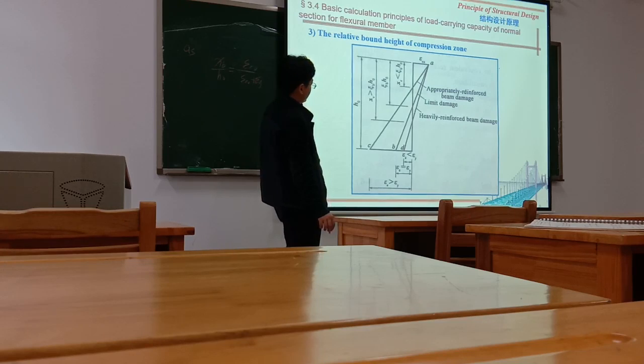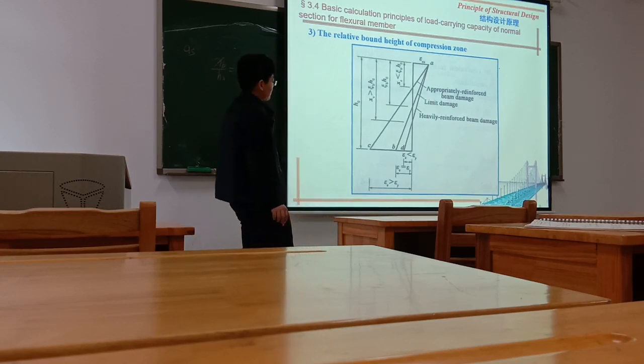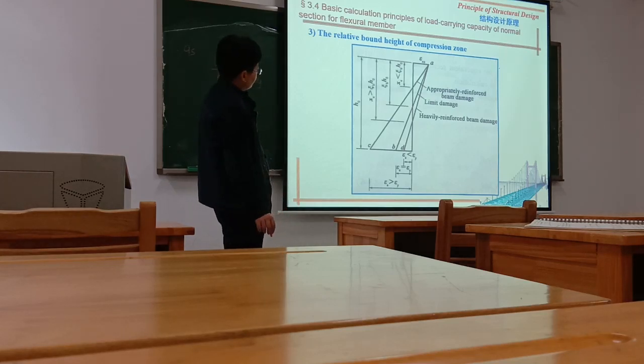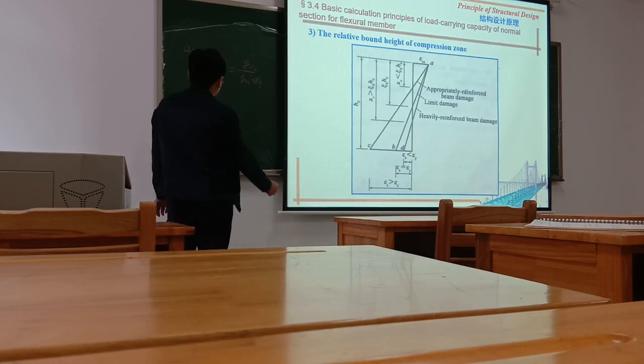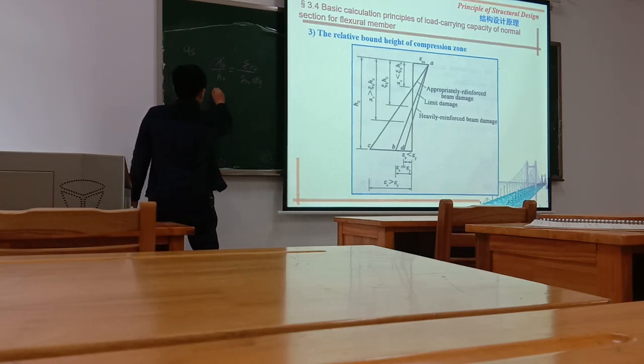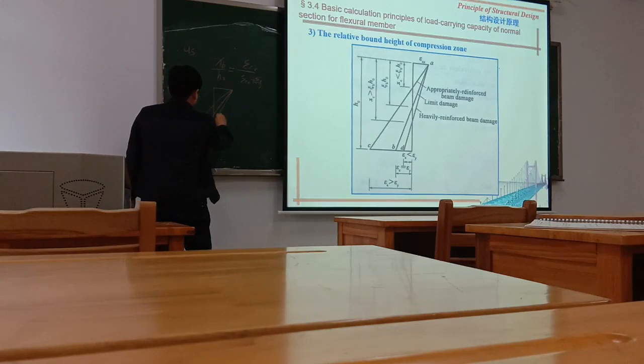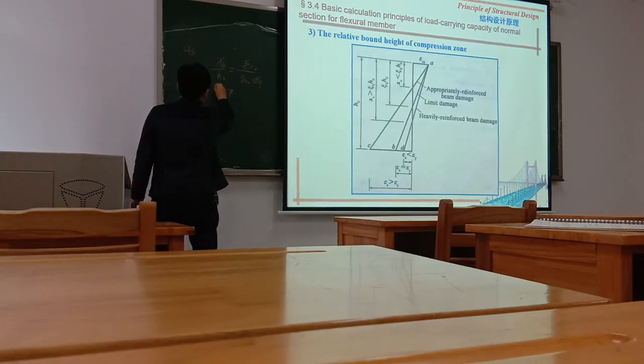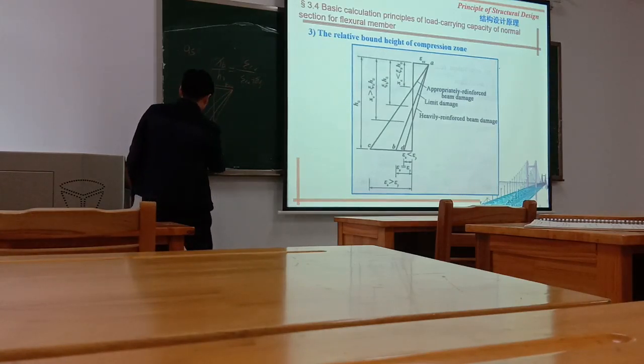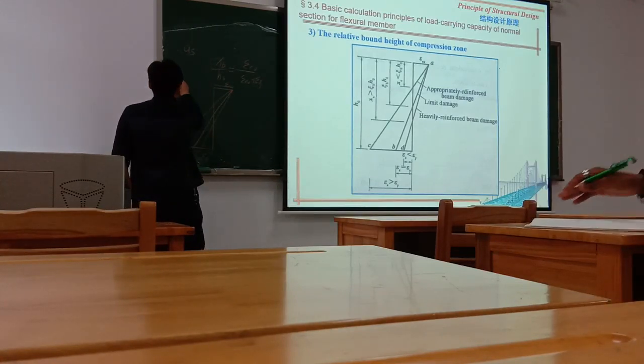The ultimate one, like that. Because it should be proportional. Okay, this plus this one. Oh, we draw this figure. So this is for the boundary condition, this for the proper reinforcement, and this for the over-reinforcement. This one is epsilon cu, and this one is for epsilon y.